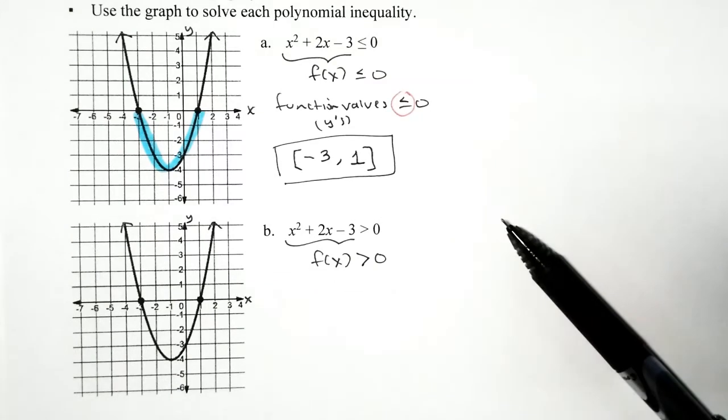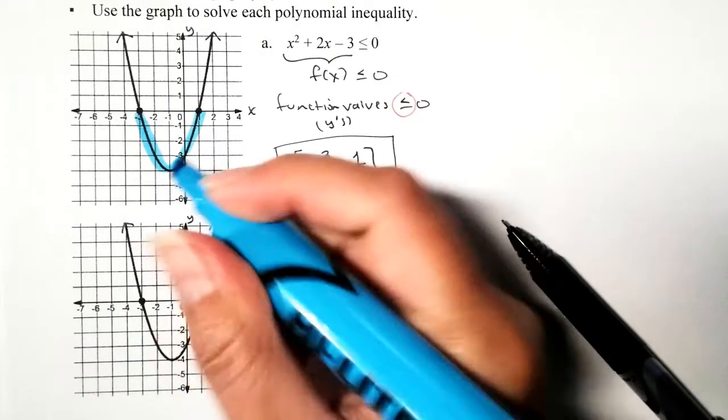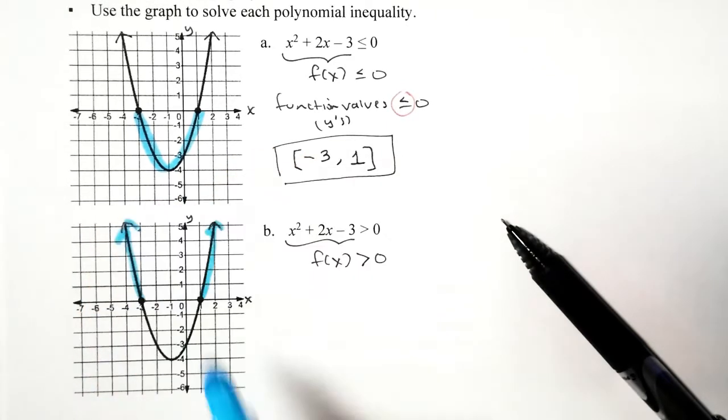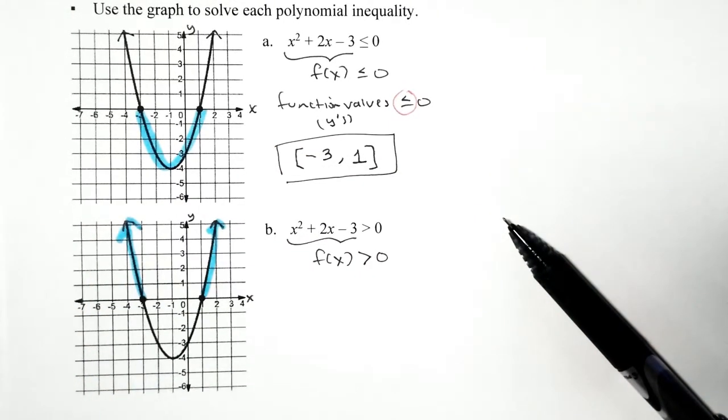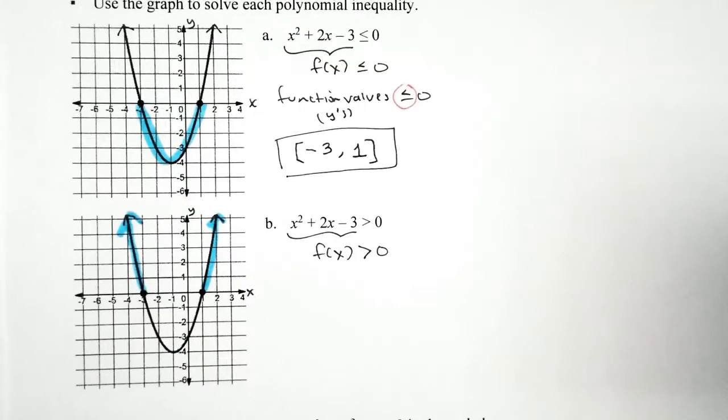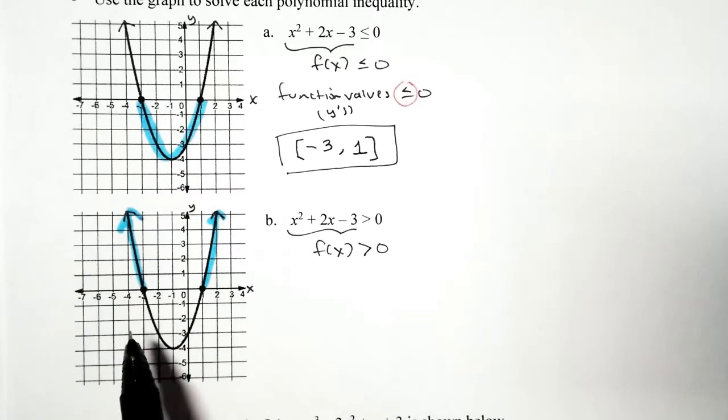So let's go ahead and take out our highlighter. So I can pinpoint where the function is greater than 0, but I can't submit this for credit. We don't submit coloring for credit. So let's go ahead and write it in interval notation.